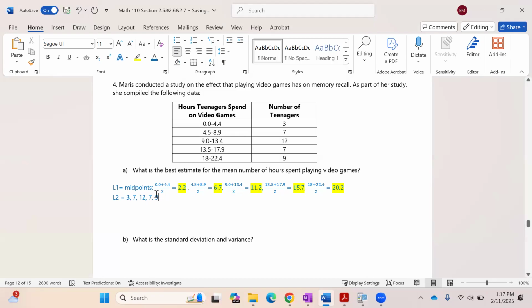Okay, so let's go ahead and put these values into our calculator.